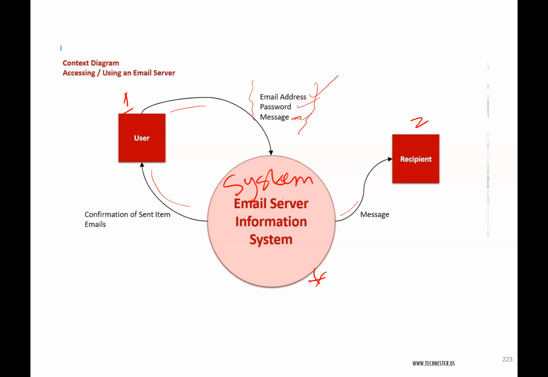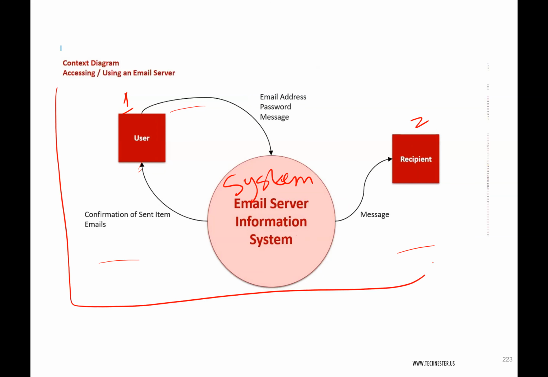And once they pass that in, the email server system will send the message to a recipient and send a confirmation email to the user, to the sender. So it's showing just the basics of how the system will work and how it will interact with external entities. So now we know that the focus of this design is an email server information system that will allow sending of messages from a user to a recipient.